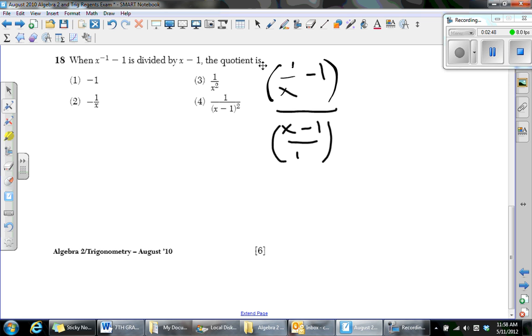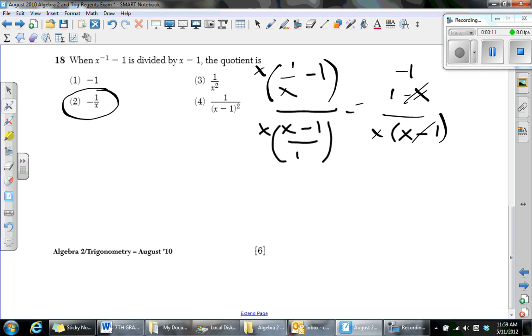Whenever we have a complex fraction, multiply through by the LCD, which is just in this case x. So we end up with 1 minus x over x times x minus 1. We know these cancel. When they cancel, since they're opposite signs, we're left with negative 1 on top. So we're left with negative 1 over x. Good.